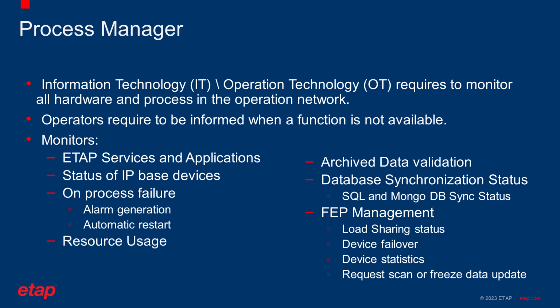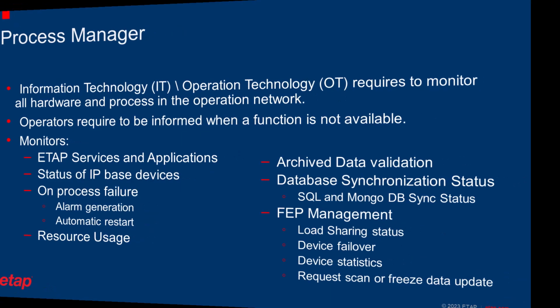It also looks at the resource usage, archive data validation, database synchronization status, whether the SQL Server or system databases are synchronizing. It also looks at the front-end processor management, looking at the load sharing status, device failovers, device statistics, and also requests of scan and freeze data updates.